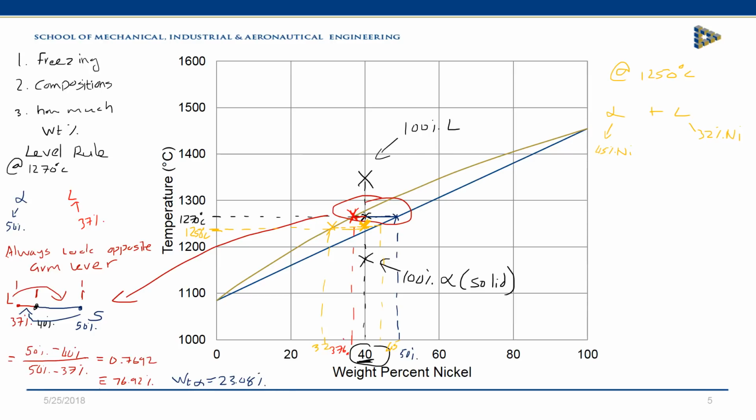Now I've figured out what phases are present at 1250 degrees, and what the composition is. Now I want to know how much solid there is and how much liquid. Once again, I use the lever rule. Let's take the solid this time. I want to work out the weight percent of my solid, so I'm looking at the opposite side of the lever, this part of the lever now.